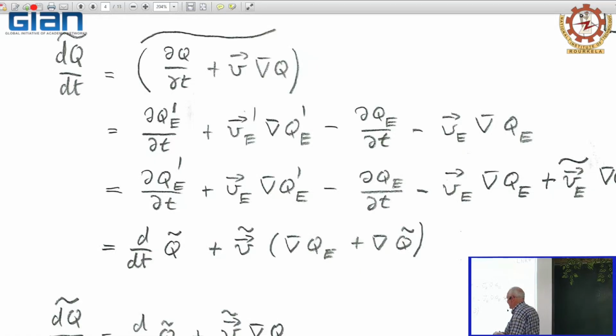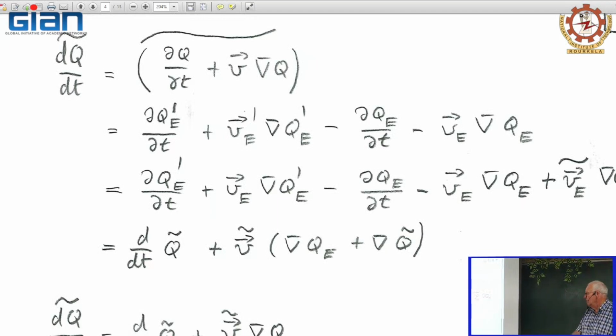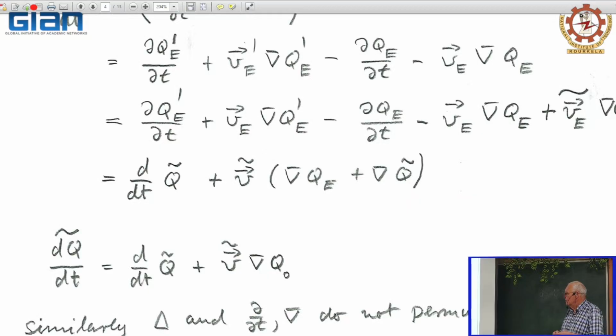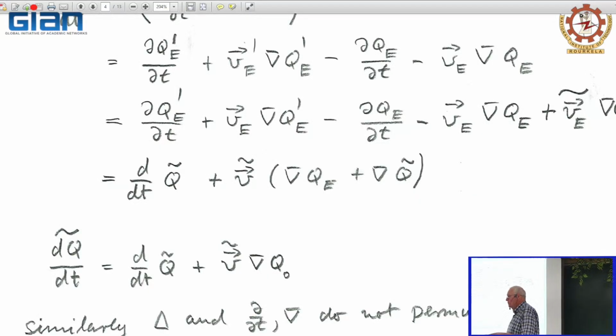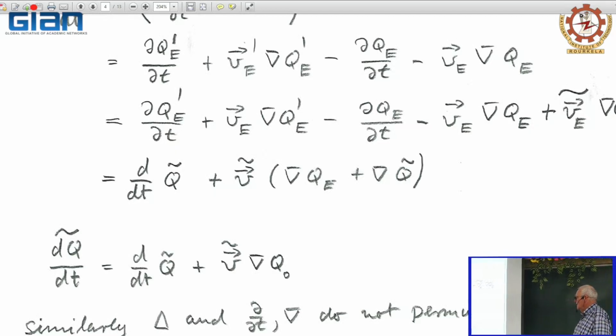So in that case, the Eulerian perturbation of the Lagrangian derivative with respect to time of Q is given by the Lagrangian derivative of the Eulerian perturbation plus an additional term, which is the Eulerian perturbation of the velocity times the gradient of the background of the original quantity. Okay, so you see that Eulerian perturbation and Lagrangian time derivative do not commute.